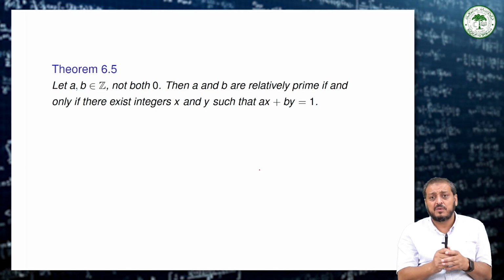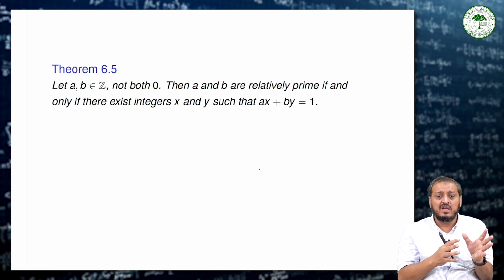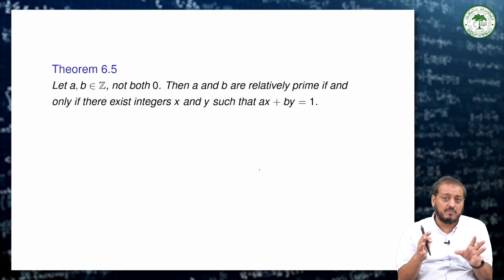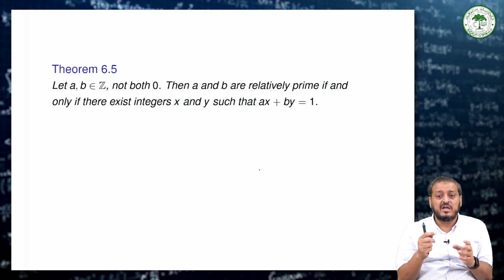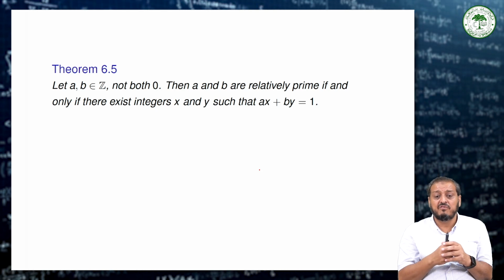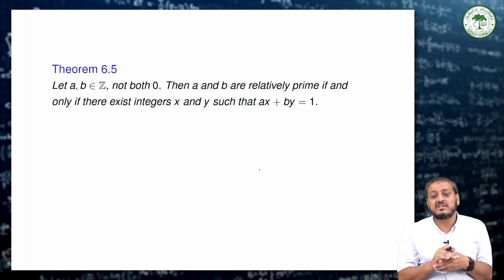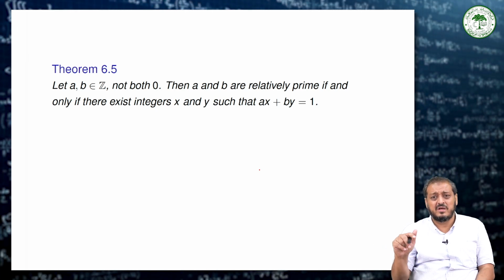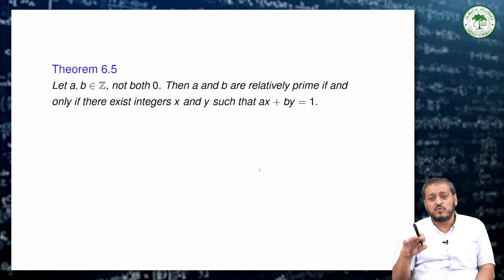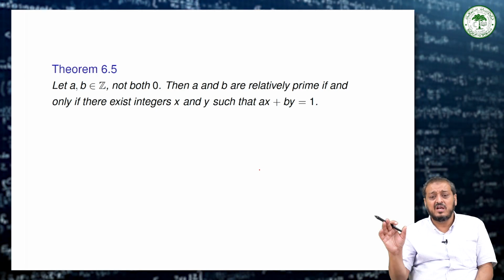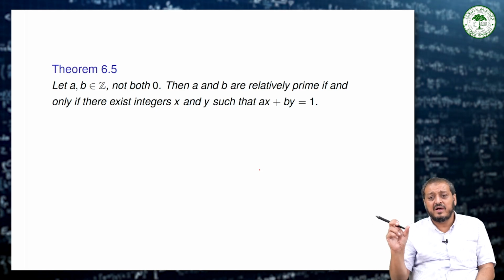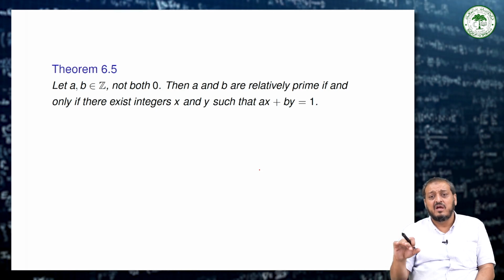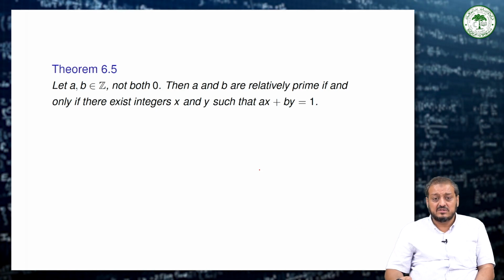I am not going to prove this theorem, but I will just use it. If a and b are integers, not both equal to 0, then a and b are relatively prime if and only if there exist integers x and y such that ax plus by is equal to 1. You can easily prove this result, but I am not going to prove it in this course. If a and b are relatively prime, then there exist some integers x and y such that ax plus by is equal to 1.